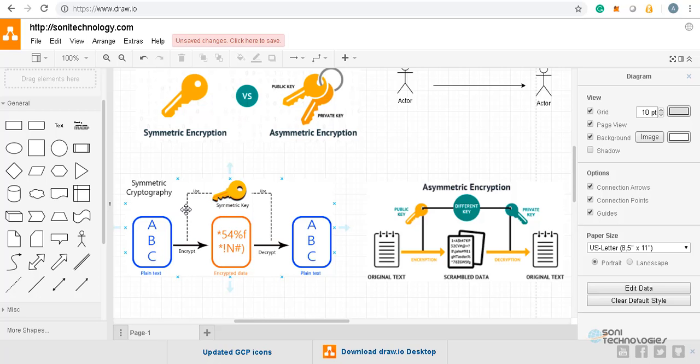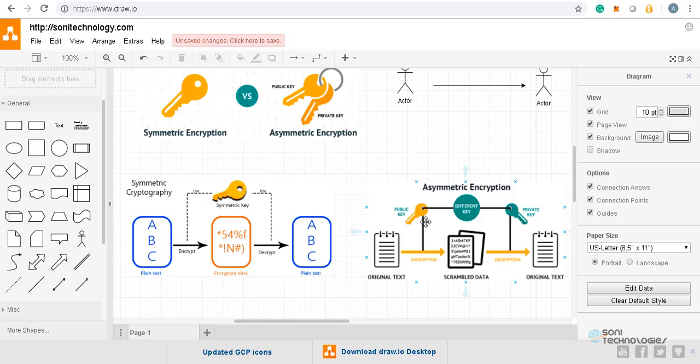The plain text is encrypted using the private key and converted to encrypted data, which is not in a readable format. Then the same private key is used to decrypt it back to the plain text, which is in a readable format. So this is symmetric cryptography.